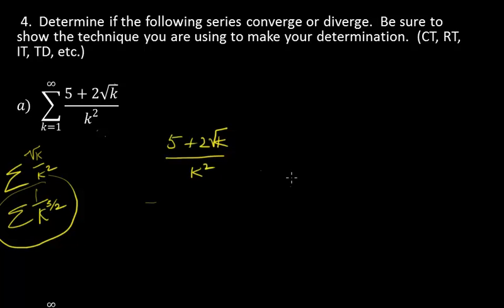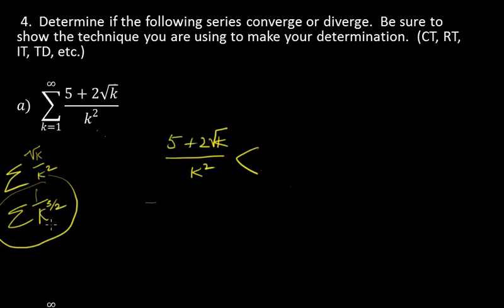So the comparison test won't work. The limit comparison test would work nicely here, and we would use that as our comparison series. I could also make this work like I showed you in class the other day, but I think the easiest thing to do here is to just split it apart. If I was to make this work, I have to get this less than some constant times that.